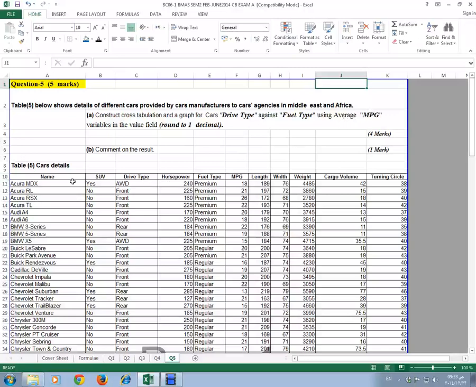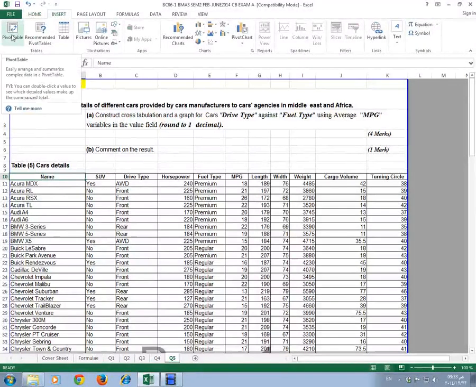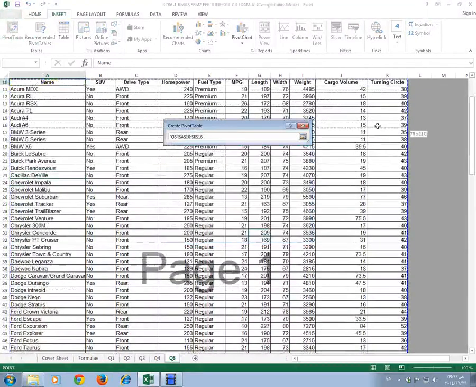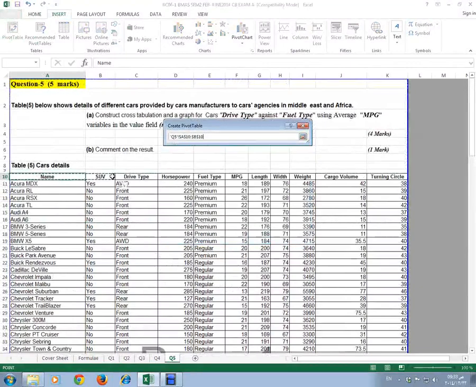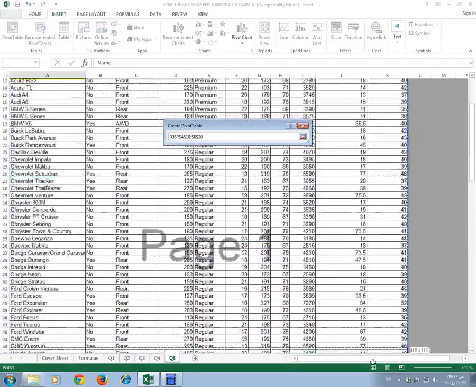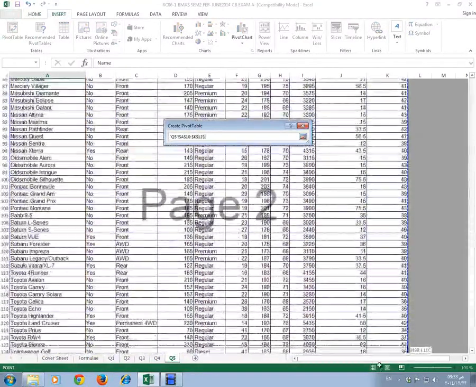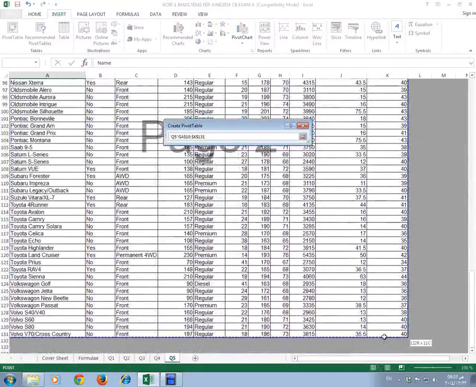So in order to do this, we have to click Insert, and there is a pivot. Then you highlight the table. Make sure that you highlight the table from the title, because you need these titles to select. So I'm highlighting all the table. Make sure that you highlight the whole table, do not miss part, and do not highlight outside the table.